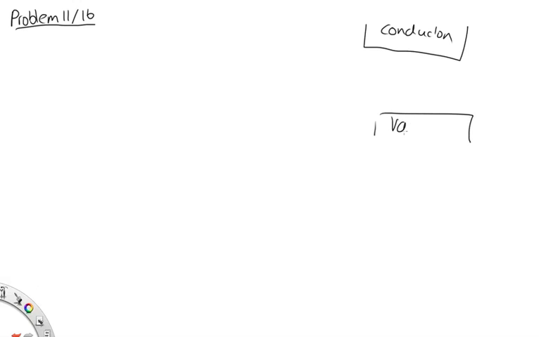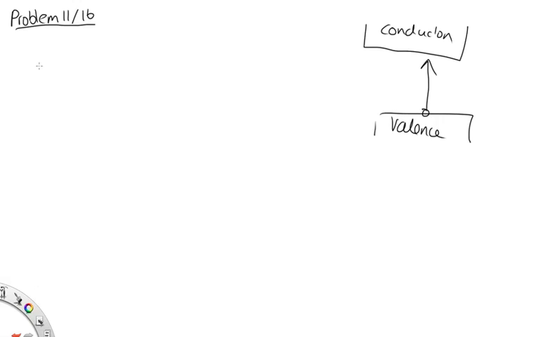This is problem 11 for 1221 or 16 for 1231. In this problem, we're asked to calculate the longest wavelength of light that will excite an electron from the valency band to the conduction band. So here we've got our conduction band, here we've got valency, and we want to excite an electron from here to here.